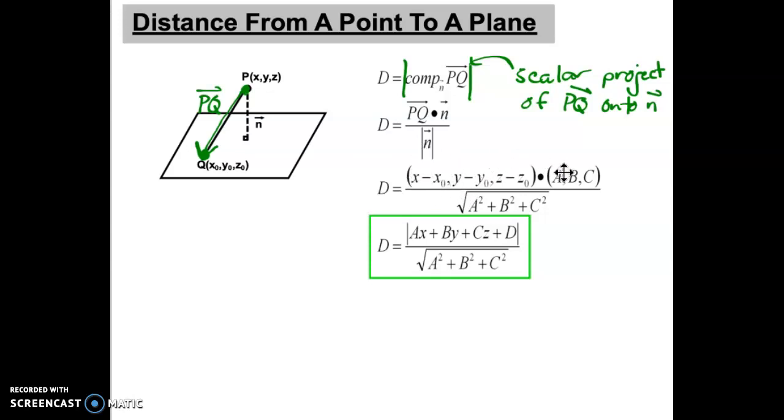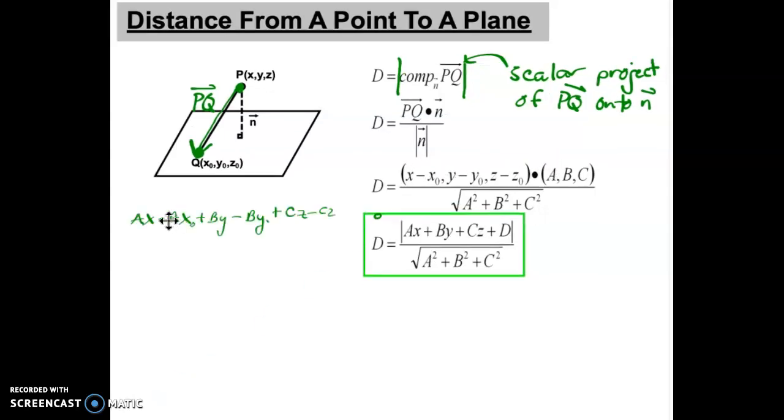Okay, so we do the dot product. When we dot this out, we would get this right here. Okay, so that is what we get from the dot product. And just like before, the AX, the BY, the CZ, those would all be pulled out front.